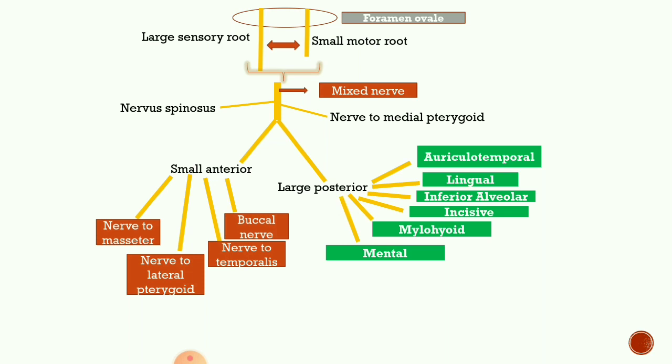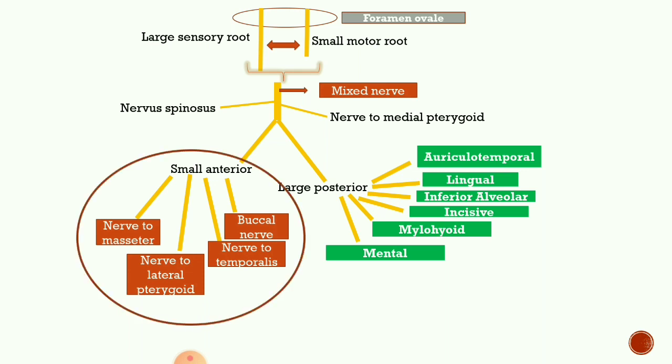So observing this, we can say and remember that all the muscles of mastication except medial pterygoid are supplied by the small anterior branch. So we'll be seeing the small anterior branch, its course, in detail.